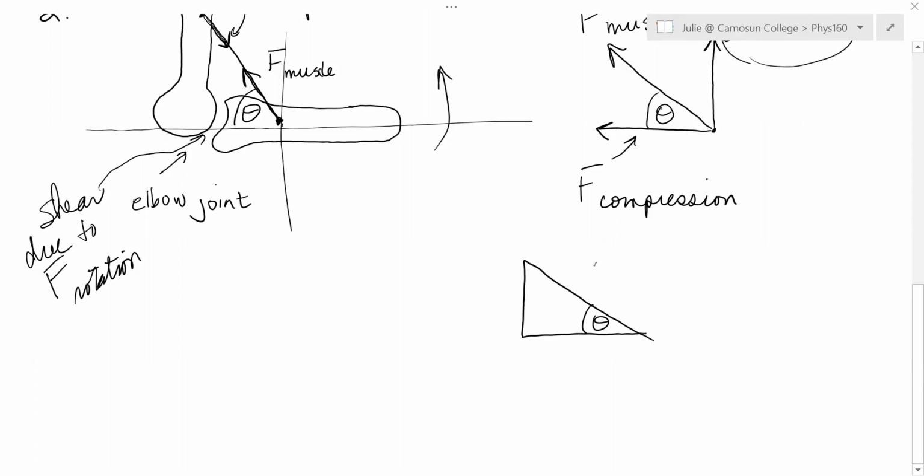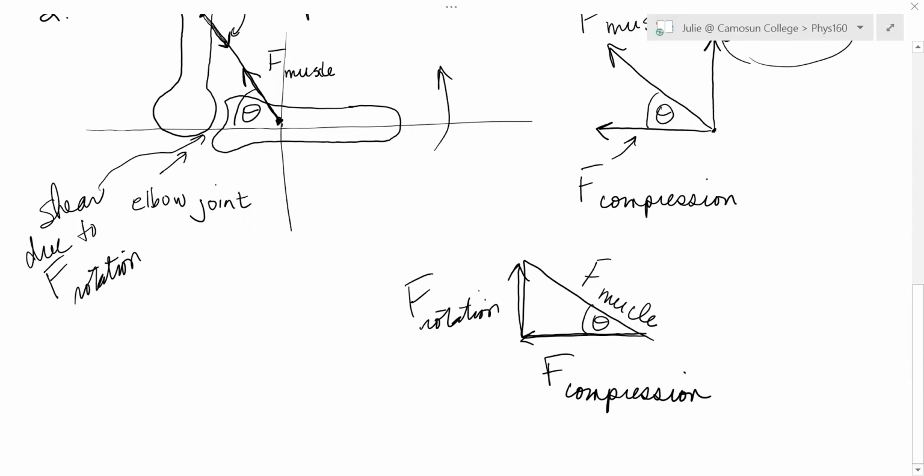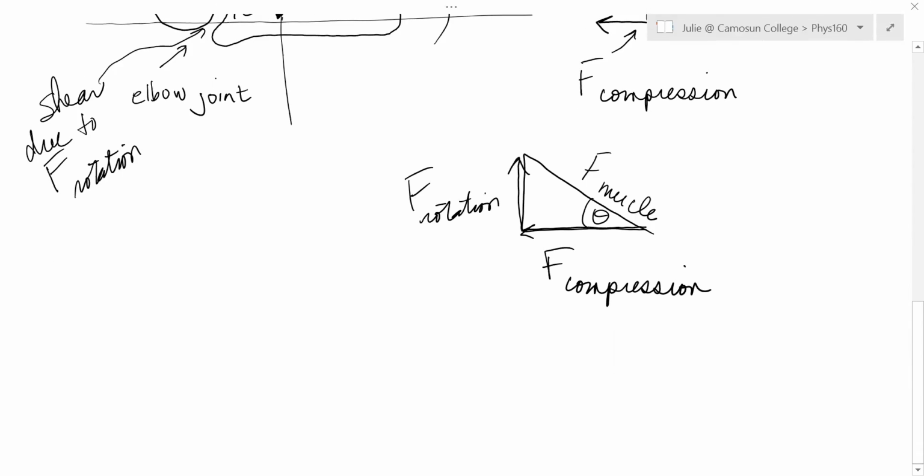Theta. F muscle is the hypotenuse. F compression is down here, and F rotation is up here. Okay, so remember the adjacent side goes with the cosine.